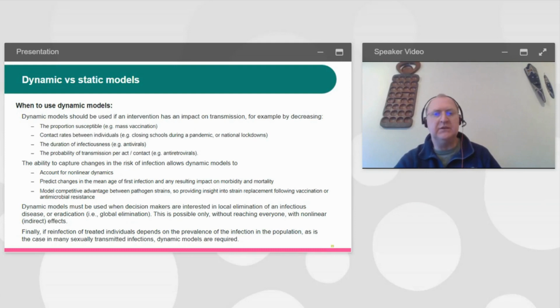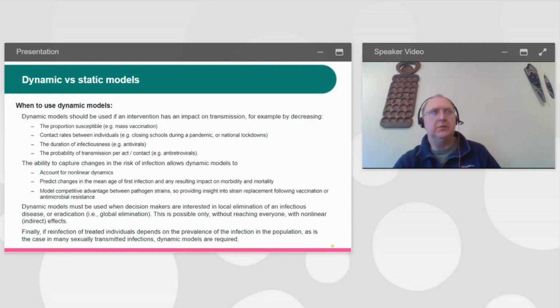And as I say, predict changes in things like the mean age of first infection, and the resulting impact on morbidity or mortality, and allows us to also model the competitive advantage between different pathogen strains, providing insight into strain replacement following vaccination or antimicrobial resistance. Dynamic models should also be used in any circumstances where decision makers are interested in either the local elimination of an infectious disease or elimination at a global scale, so eradication.